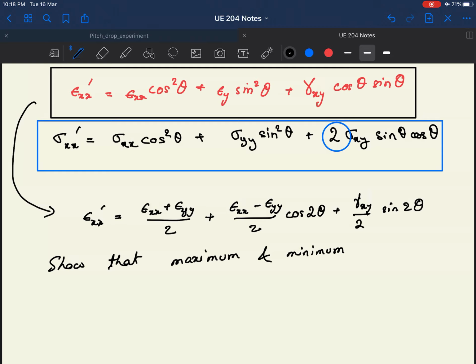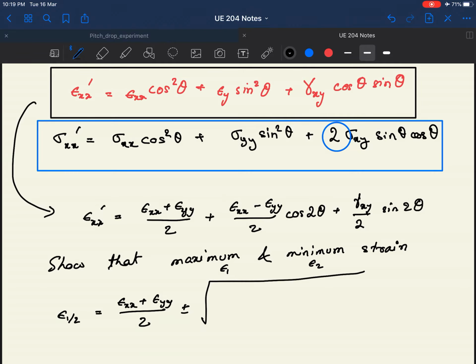Sorry, so that the maximum and the minimum strain, which we'll call, let's say, epsilon 1 and epsilon 2, they are epsilon 1, epsilon 2 is basically, this is left as an exercise. This is exactly the same as before. Of course, there's no change in the formulation, which is why I'm not going over it.